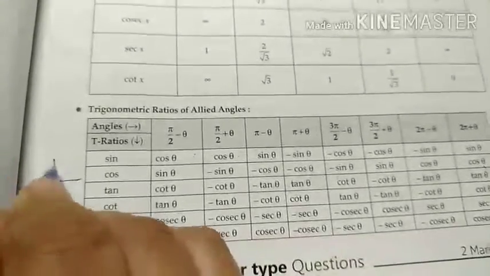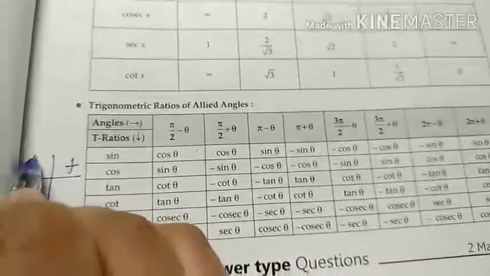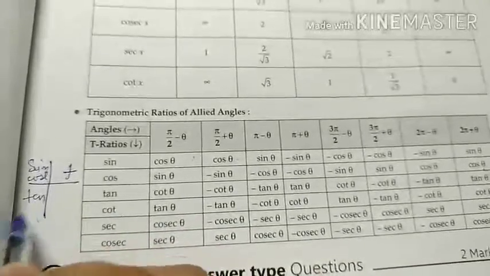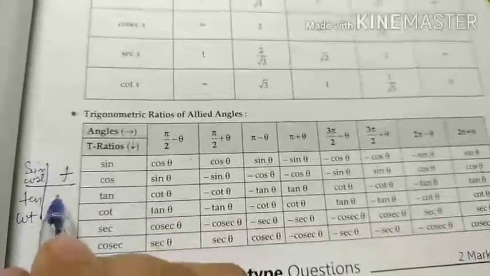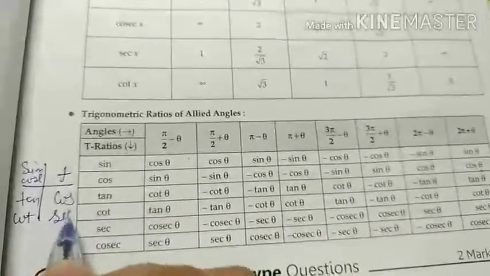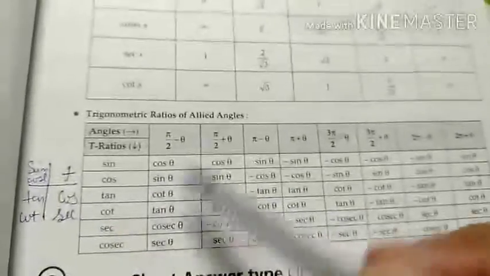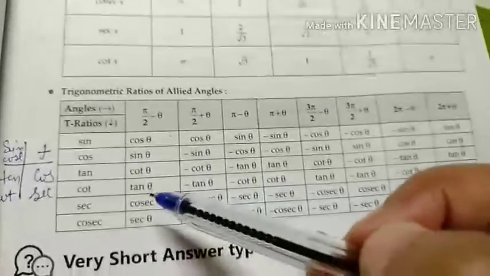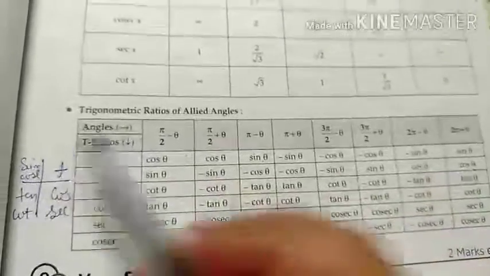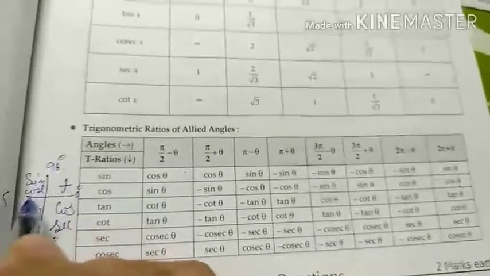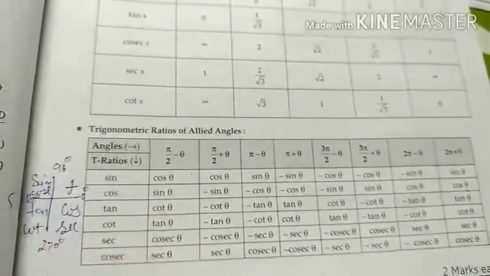And your rule is that in the first quadrant all are positive, in the second only sine and cosecant are positive, in the third tan and cot are positive, and in the fourth cos and secant are positive. According to that you have to go. Only remember one condition: here is 90 degrees, here is 270 degrees, here is 0 or 360 degrees, and here is 180 degrees.